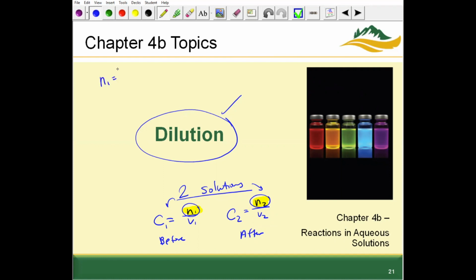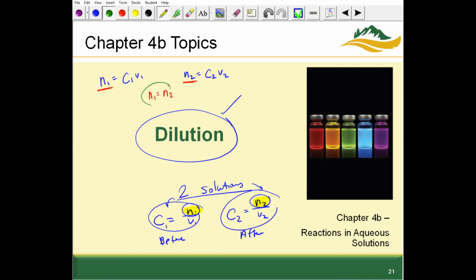So let me show you this. N1 is equal to C1V1, just rearranging this one. Then N2 is equal to C2V2, just rearranging this equation. Now, if the number of moles before the dilution is equal to the number of moles after dilution, then N1 is equal to N2.